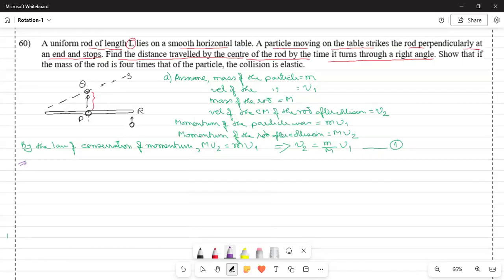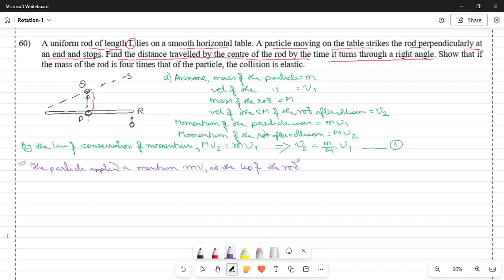The particle applied a momentum small m v1 at the tip of the rod.